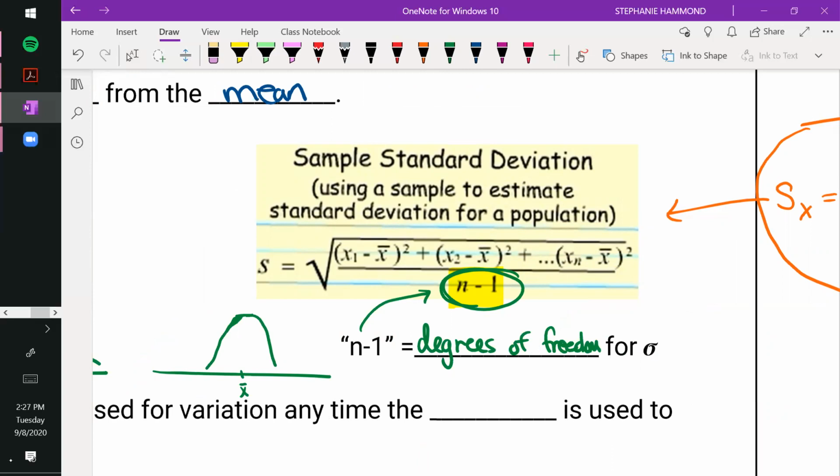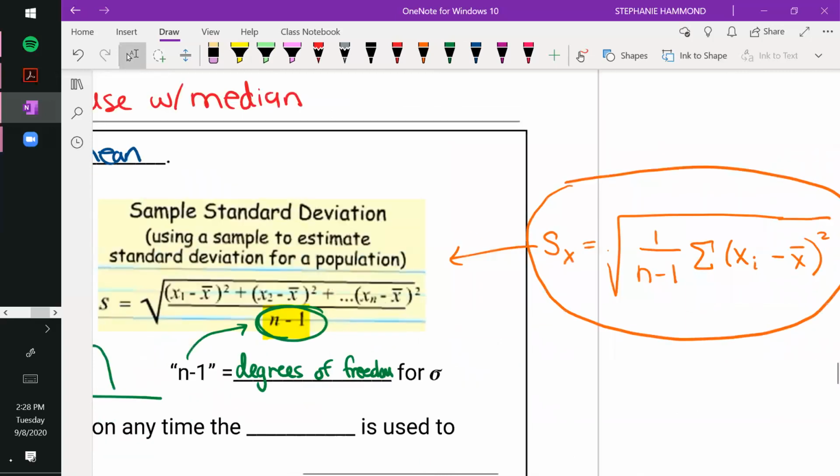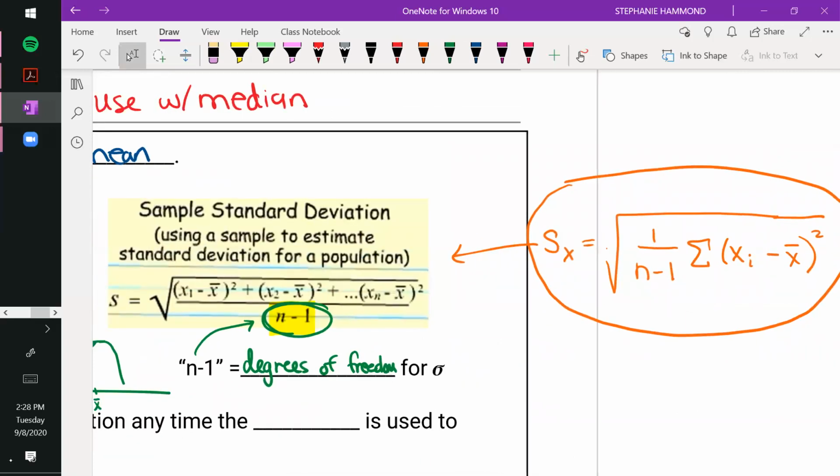Getting back to the sample standard deviation formula on your formula sheet for your exam that looks like this, as I said, that is actually the exact same formula. We can see here our denominator is still n minus 1, our degrees of freedom. And the numerator, remember, if I'm multiplying something by a fraction, we're actually only multiplying it by the numerator. So everything here is what's in the numerator of this fraction.